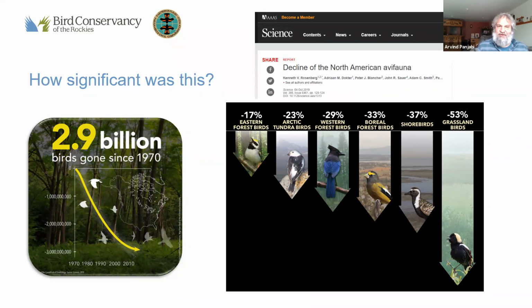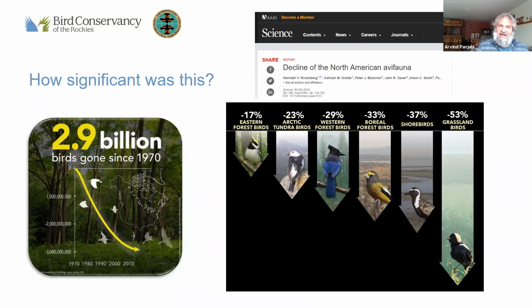Birds in the western forests of North America showed an almost 30% decline over the last 50 years. So the additional loss of birds, and perhaps more significantly, the additional loss of habitat that has now changed from forests to now burned lands, which will eventually regenerate, but we're not sure into what, and it'll support some birds, but not all the birds that were there before.